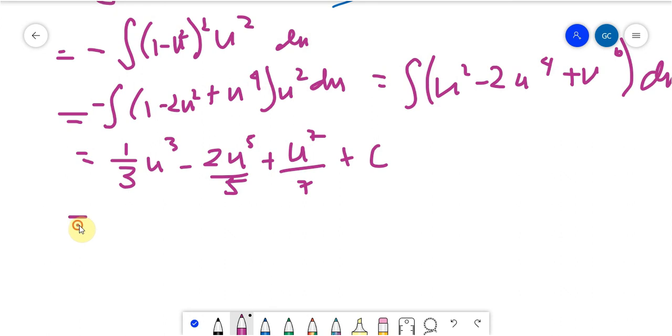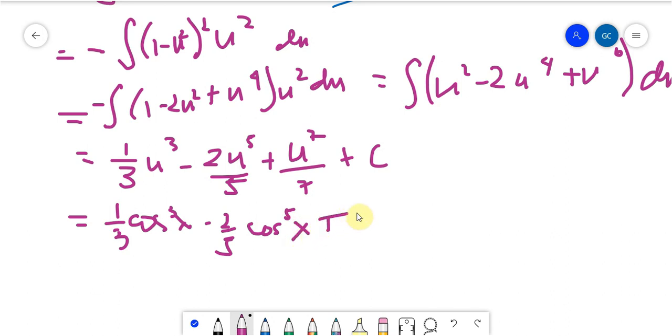So that means we have 1/3 cosine cubed x minus 2/5 cosine to the 5th x plus 1/7 cosine to the 7th x plus some constant c.